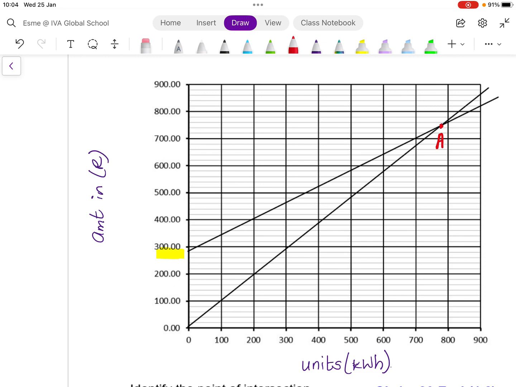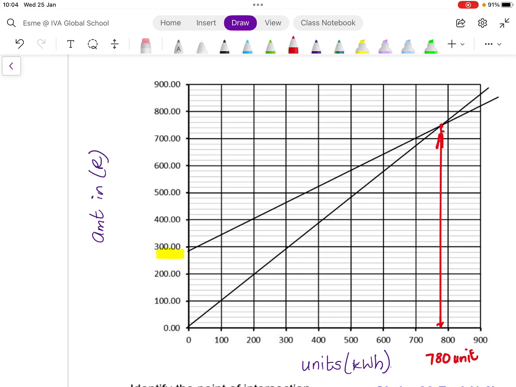So what that means is, at A, if I had to take a ruler and draw my line down to the bottom, over there, that would mean that they both cost the same for about 780 units. And what does it mean?